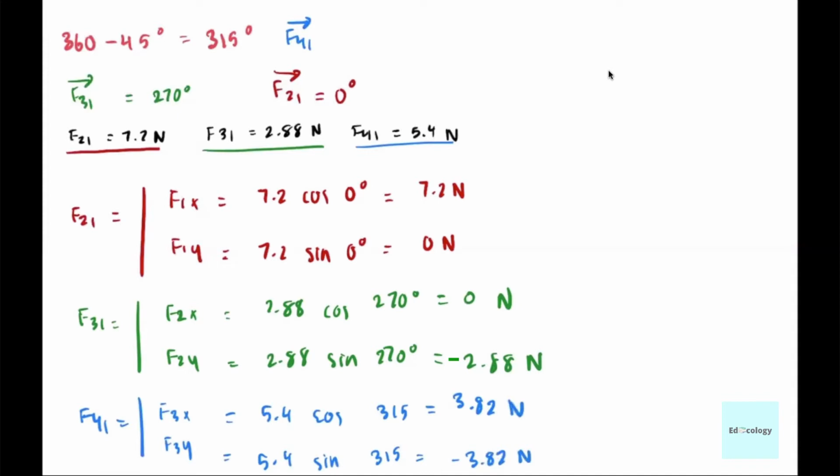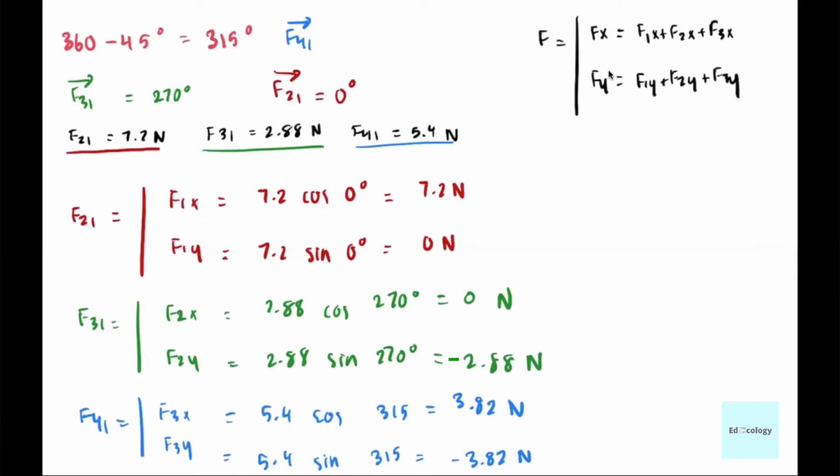Okay, now we have to find the x and y of F net, which will basically be the sum of all of the x values and all of the y values. So F1x plus F2x plus F3x and F1y plus F2y plus F3y.